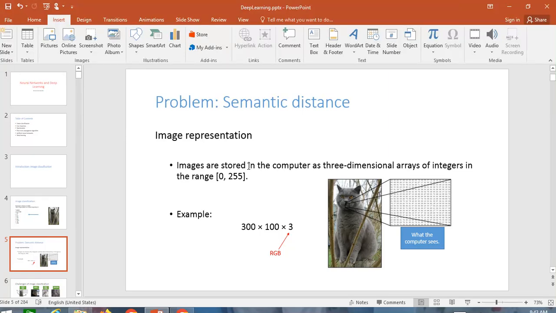Now, if the lighting changes, if the image is dark, all the numbers in the matrix are almost 0. And if the image is very bright, all the numbers are almost equal to 255. And we can recognize a cat by seeing only a part of it, although we cannot see its body. Now the computer should recognize it the same way.